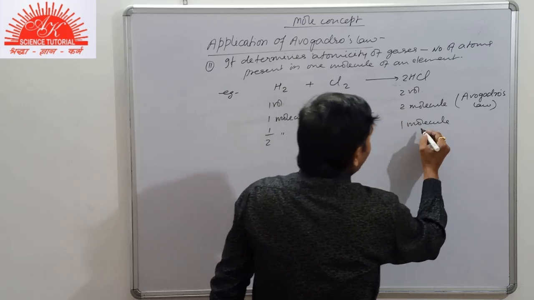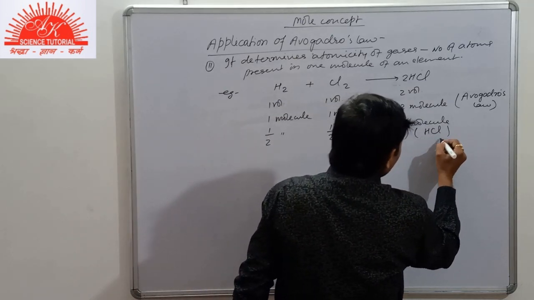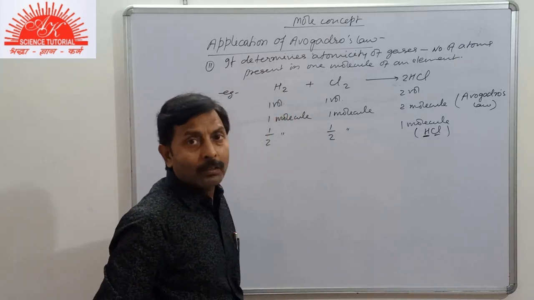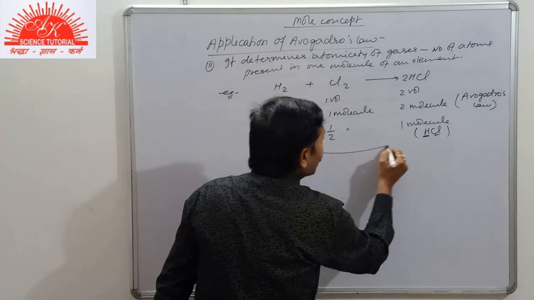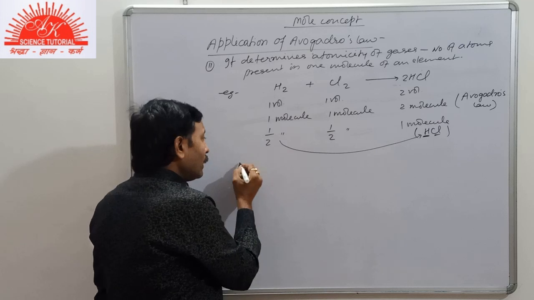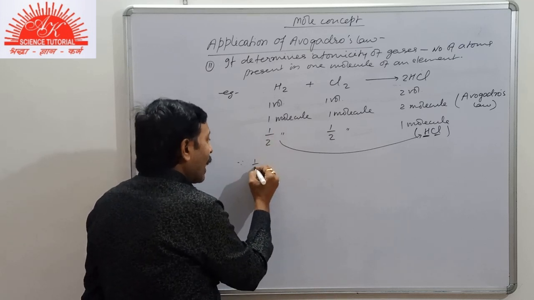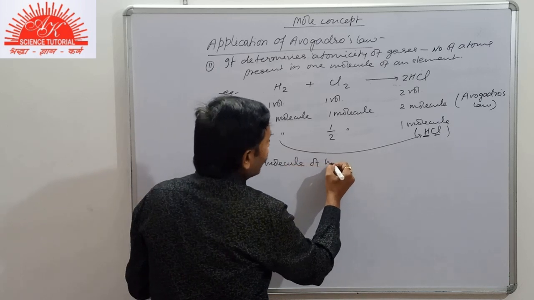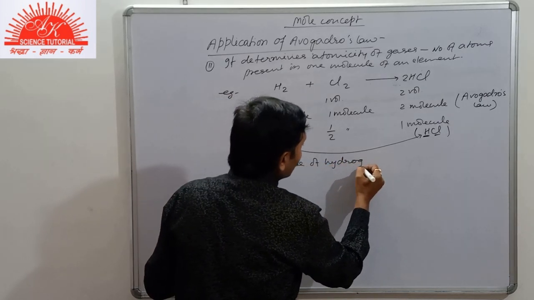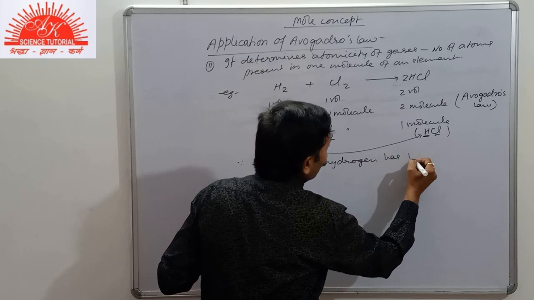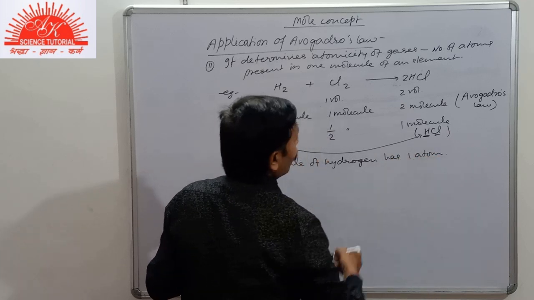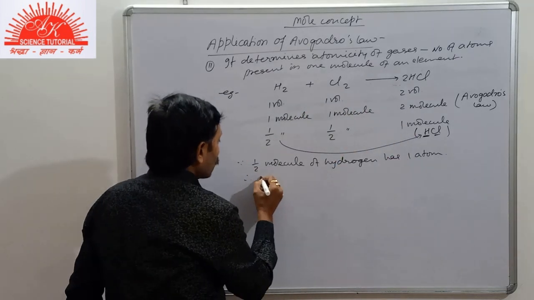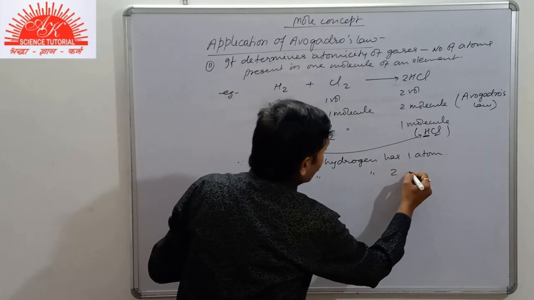Now we see that one molecule of HCl has one atom of hydrogen and one atom of chlorine, that comes from here. So you write here that half molecule of hydrogen has one atom. Half molecule of hydrogen gives one atom, so one molecule of hydrogen gives two atoms.